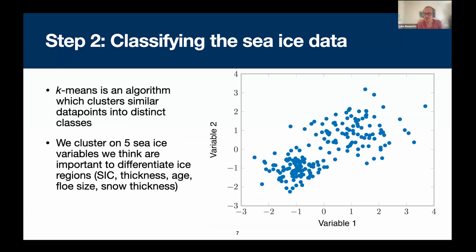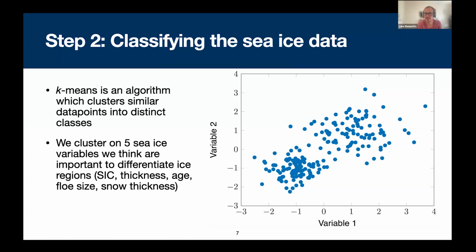Now, our approach to identifying the marginal ice zone is to divide the Antarctic sea ice into different regions, and we do that based on snapshots of the ice cover. We take 5 variables in order to do that, 5 variables for the sea ice.